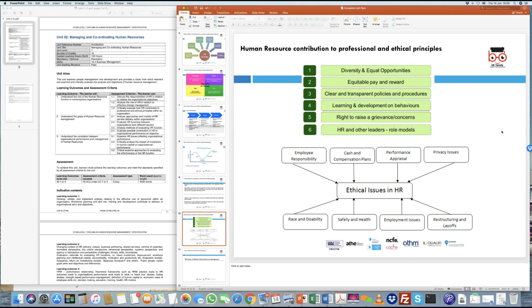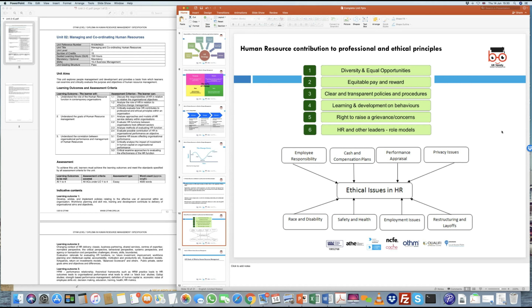You can't play any favoritism in that. You can't say, I know him well, or he's been a good worker for a number of years, or he's been loyal to the organization. No, those factors have to be applied equally across everybody to take that decision. And that is where the professional ethics come into play when you look at the HR role.